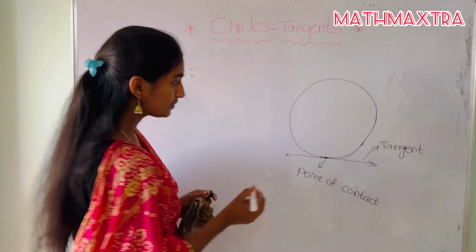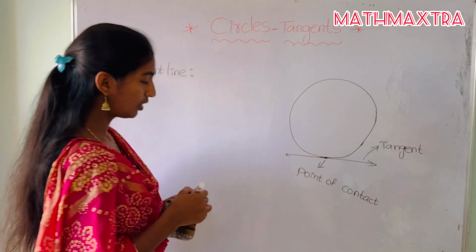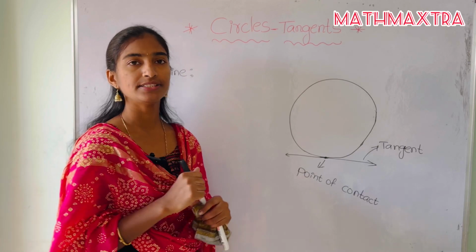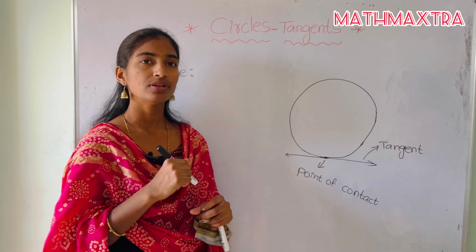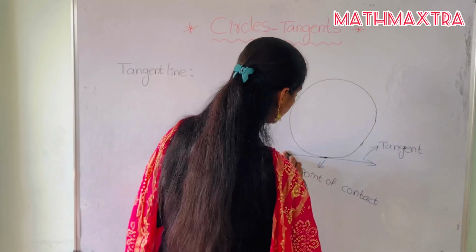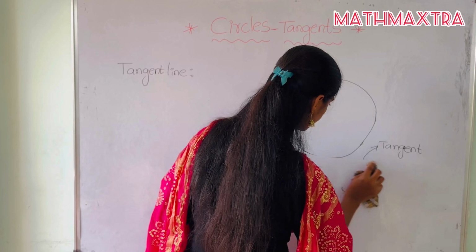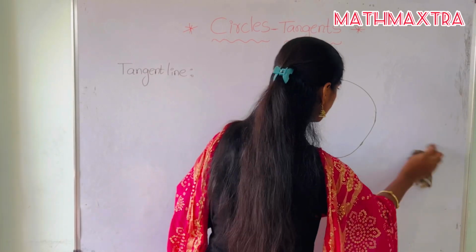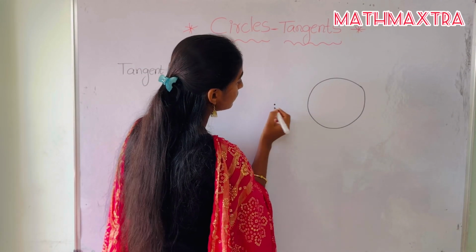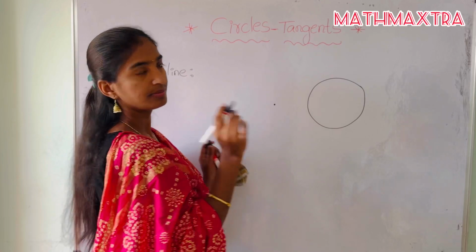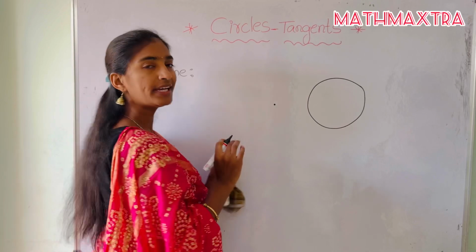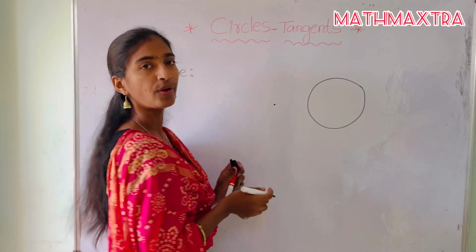Now you tell me, if you consider any point, how many tangent lines can we draw through that point? We'll see. See, if this is a circle, I am considering one point which is exterior of the circle, meaning the point is completely outside of the circle. Now you tell me how many tangents can we draw through this point?